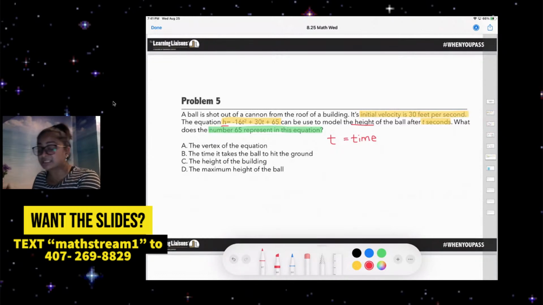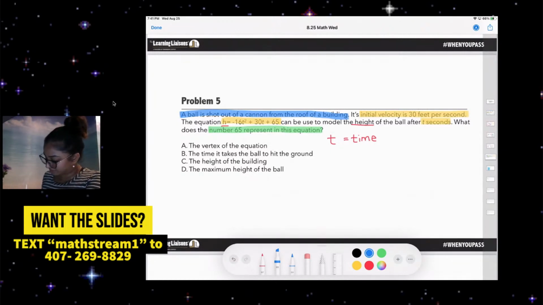That number is a constant. It means that no matter what you do, 65 is always going to be there. So we have to figure out exactly what that 65 is trying to tell us. I'm going to read that first sentence again. It says, a ball is shot out of a cannon from the roof of a building.